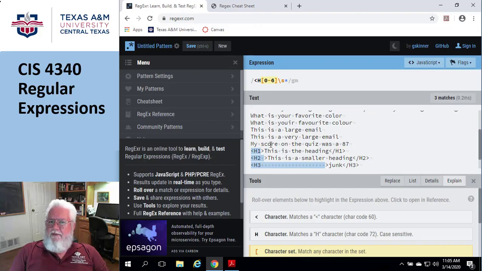I'm just going to mention this. We talked about the parentheses. The parentheses is sometimes called grouping, sometimes called a sub-expression. Well, there's a thing called back reference. We're not actually going to do that, but it will allow you to find something and then refer to it a second time.